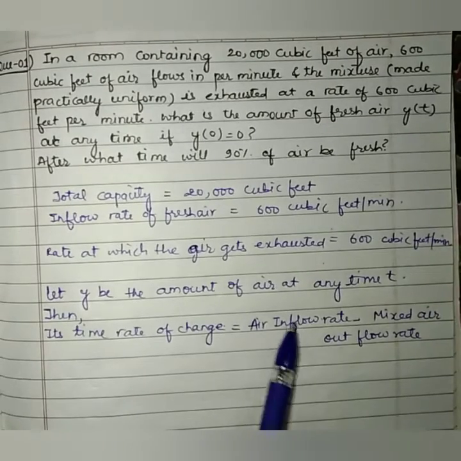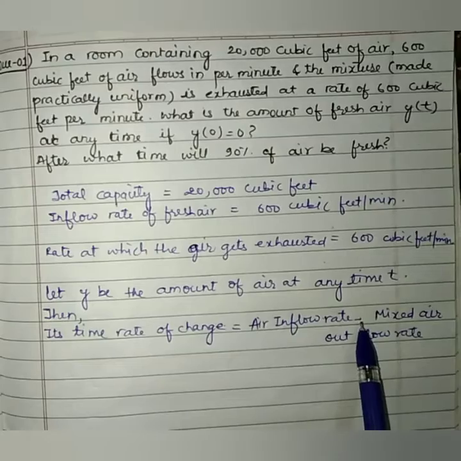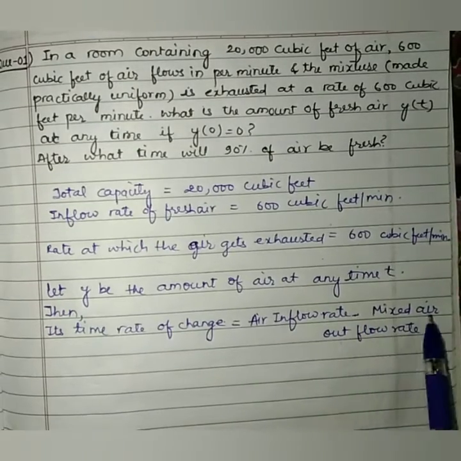So air inflow rate is given as 600 cubic feet per minute. Now we have to solve for the mixed air outflow rate.